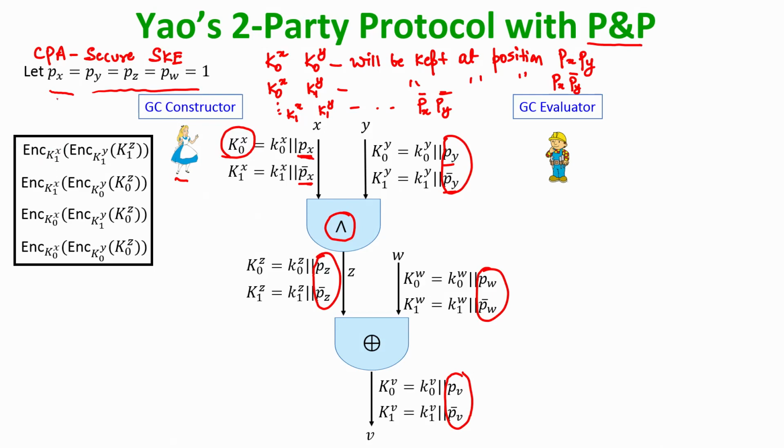So, if we take the concrete values of Px, Py both being 1, you can see that the encryption prepared using the keys with x being 0 and y being 0 is kept at position number 3, assuming that the positions are indexed 00, 01, 10, 11. Since Px and Py are both 1, the encryption using the keys K0x, K0y has to be kept at position Px Py.